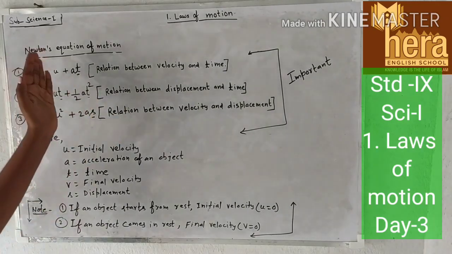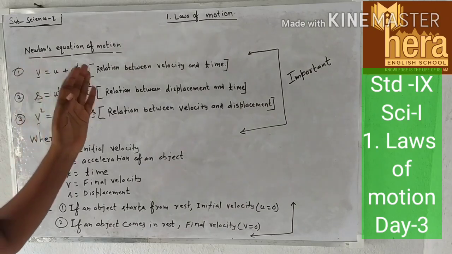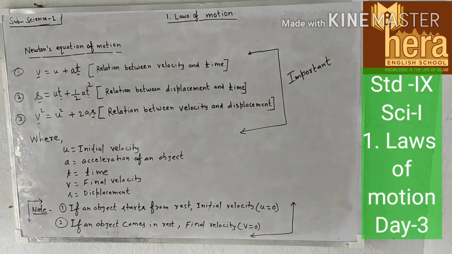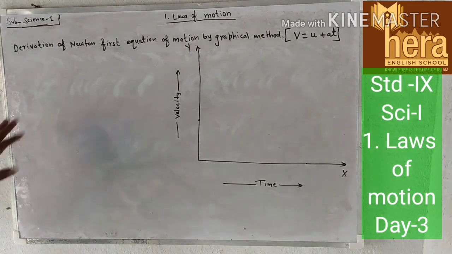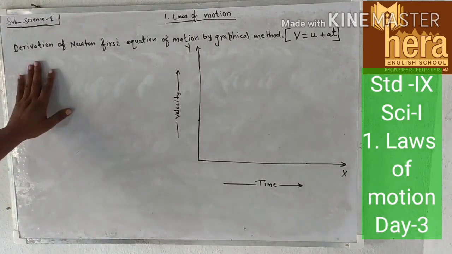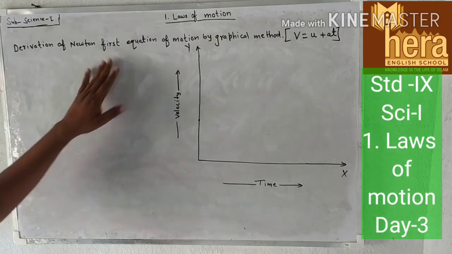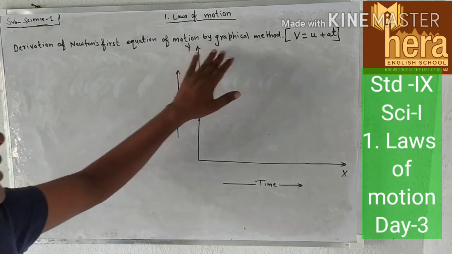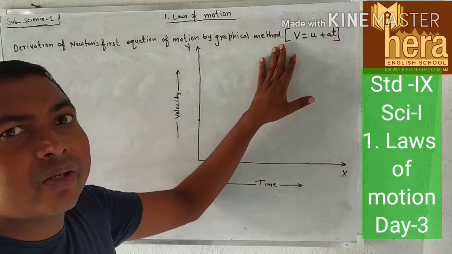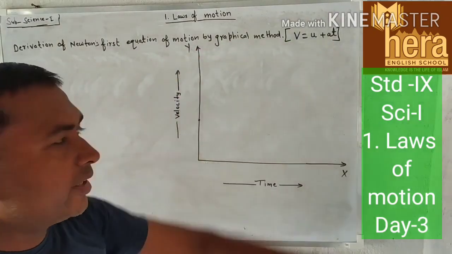So your next concept will be derivation of Newton's first equation of motion by graphical method. That is, we are going to derive v = u + at.